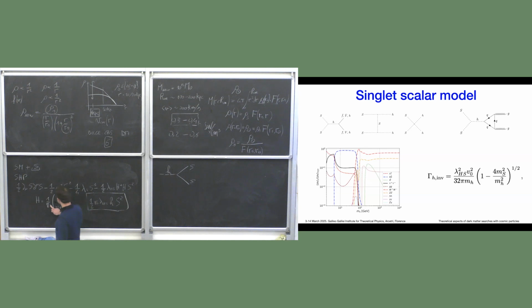This one, the square root? Yeah, this is v0, the value of the Higgs. Sorry for my handwriting. This is after the electroweak symmetry breaking.